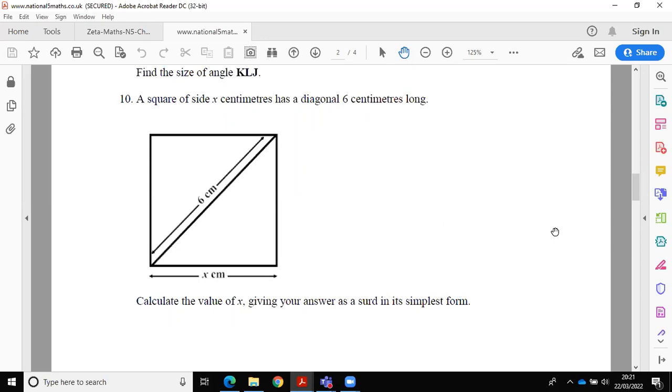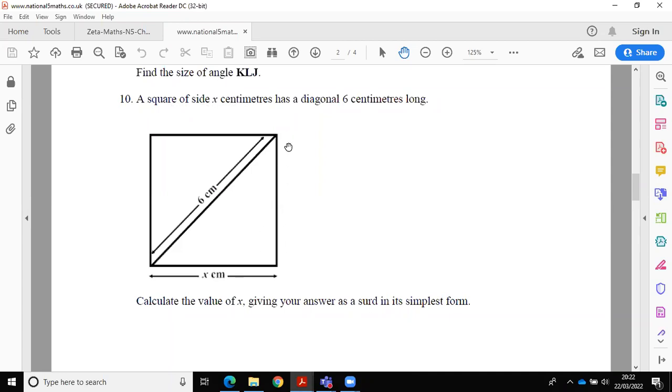So this one, question 10, what they're looking for you to do is calculate the value of x. So come up with an expression that shows x, using what you've been given here. We've been given a square with each side being x centimetres long.